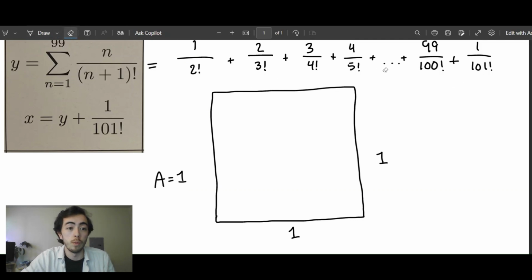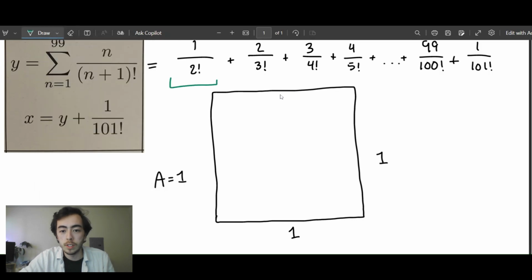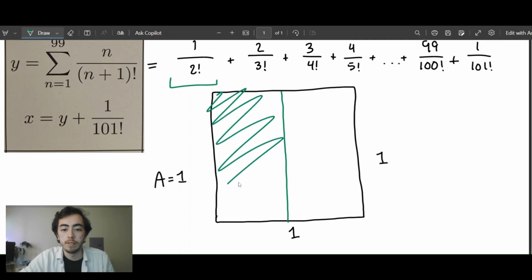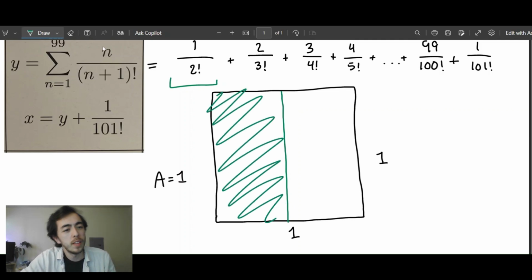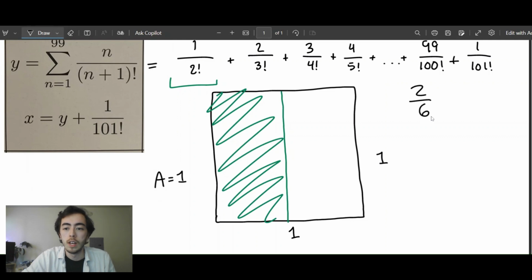The first one is just 1/2, and so I'll color code that here, where I'll just split this box in half, and then I'll fill it in with the number 1/2. No big deal. The next one's a little bit weird. 2 over 3 factorial. That was 2 over 6 that I did earlier. And so if I split this box into 6 pieces and I shade in 2, that's going to be the same thing as adding 2 over 3 factorial.